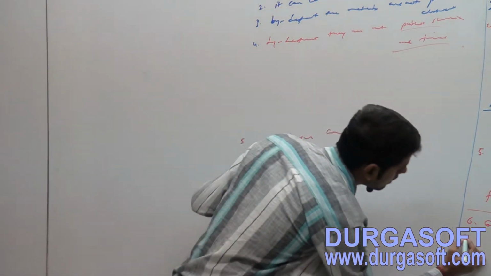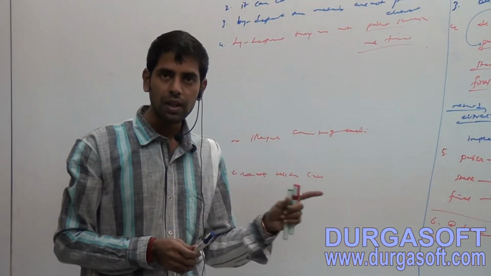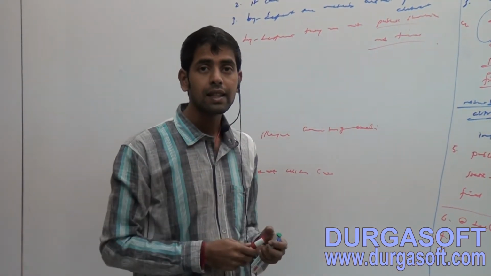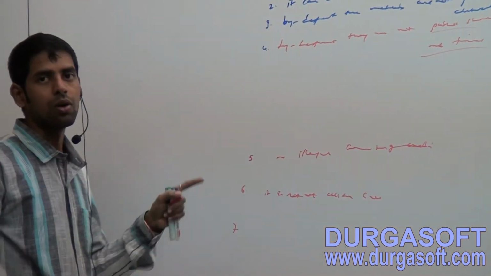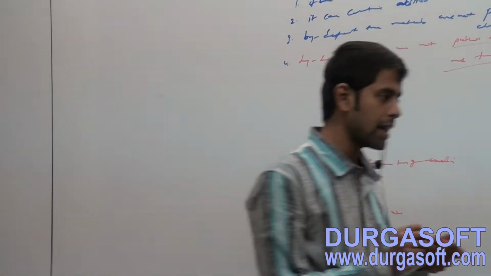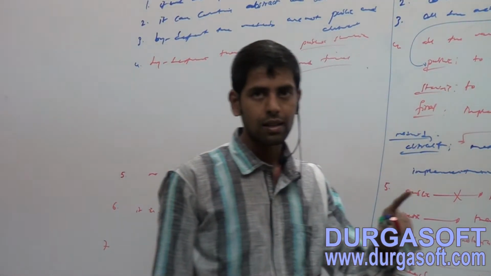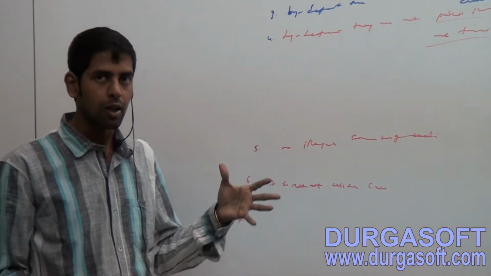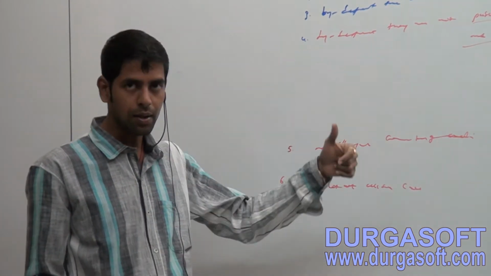Coming to the other one, what is that? Can we write a constructor within an abstract class? Yes, we can write a constructor within the abstract class, no issues. We are going to discuss why it is possible within an abstract class; that is our next question.